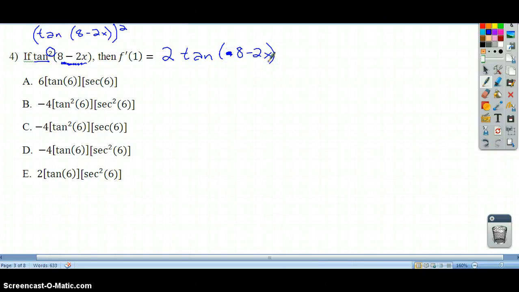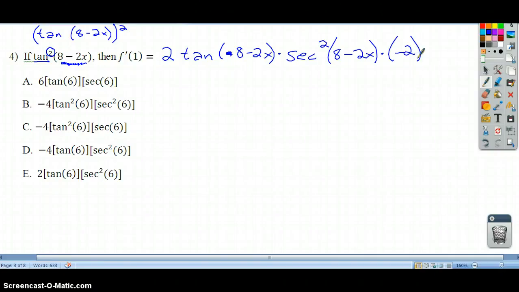Okay, that's our outer function. Then we're going to say times the next function, which is the tangent. So times secant squared, that's the derivative of tangent, with the stuff inside still staying the same. And finally, at the end, the derivative of the most inside stuff, negative 2.